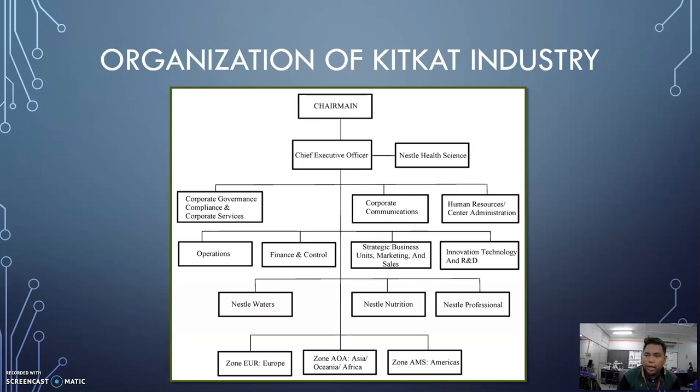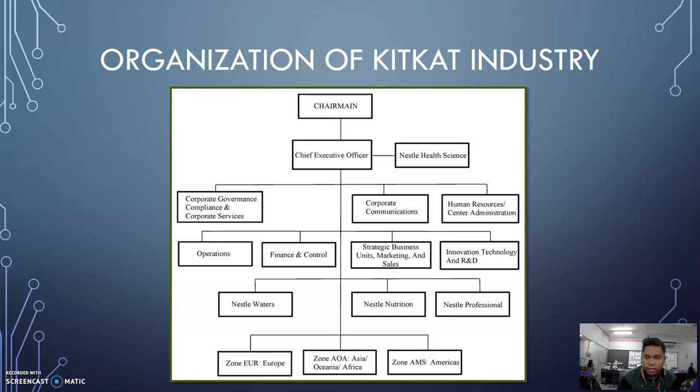Then they have operations, finance and control, strategic business units, marketing and sales, and also innovation, technology and R&D. After that they have Nestle Wafer, Nestle Nutrition, and Nestle Professional.